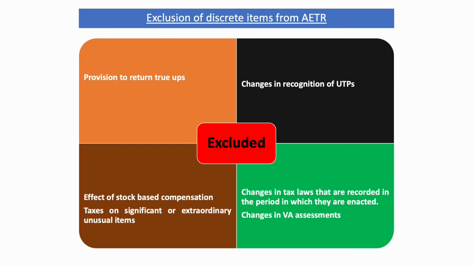And also we exclude any changes in the assessment of VA, valuation allowance. So if you had previously assessed that an entity needs a VA on their DTAs, and then in a subsequent period you think that the VA is no longer required, we do not make that change when we are doing interim reporting. We do that change when we are reporting our YTD actuals, which is at the end of the year.